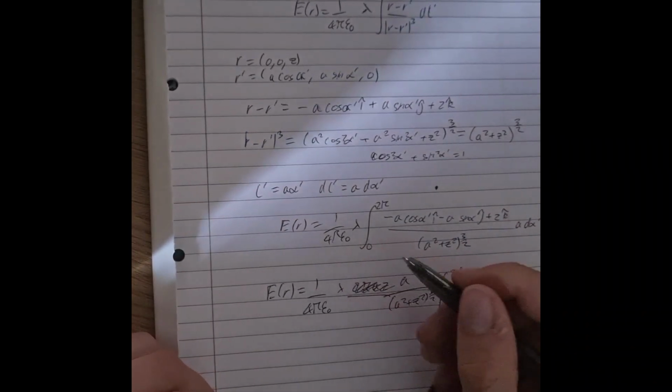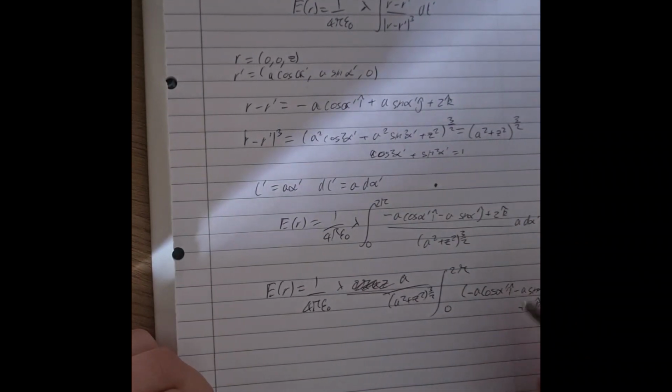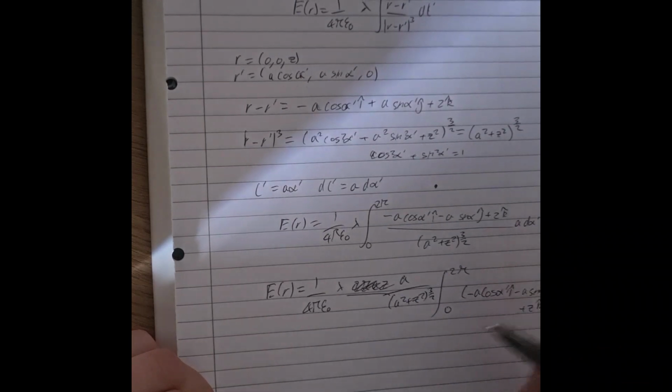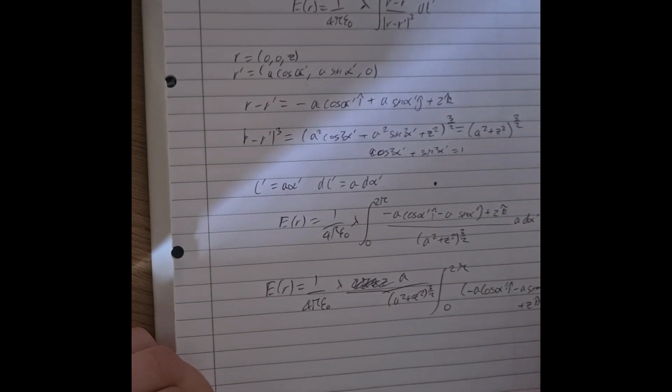The integrals of cos alpha prime and sine alpha prime between 0 and 2 pi are both 0, so the x component and the y component of the electric field are 0. Then we get just z k hat d alpha prime, which integrates to 2 pi z.